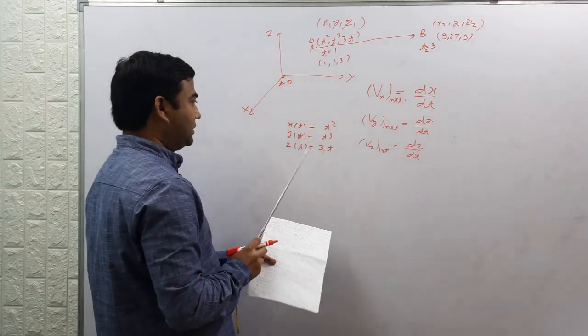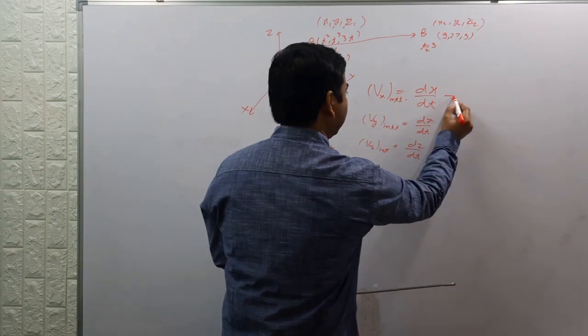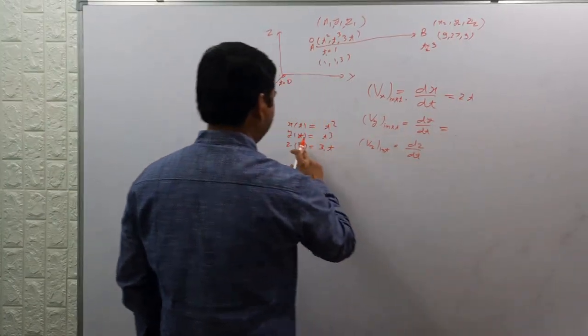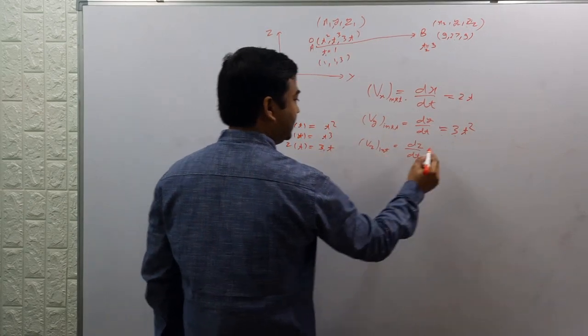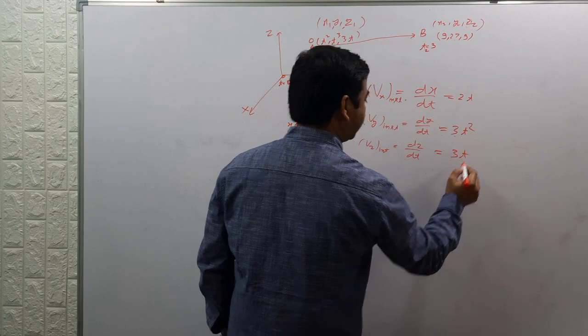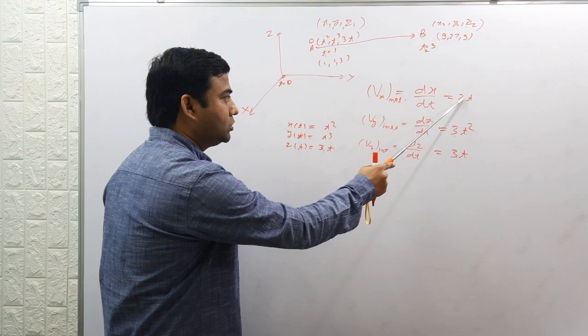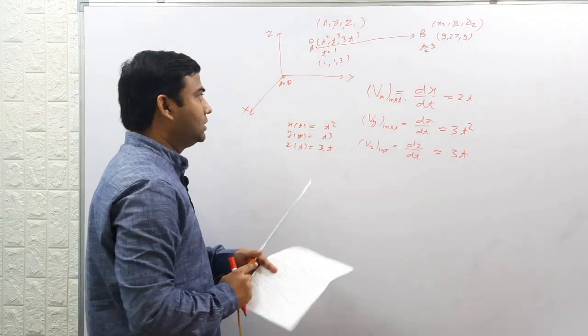So just put x, y, z in these equations, we will get dx over dt is 2t, dy over dt is 3t square, dz over dt is 3t.